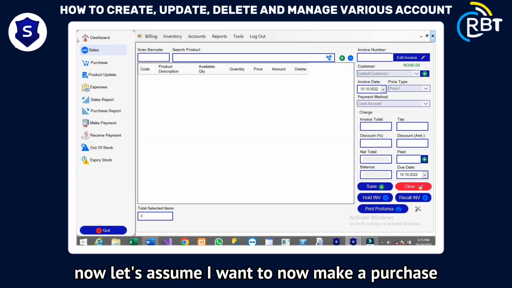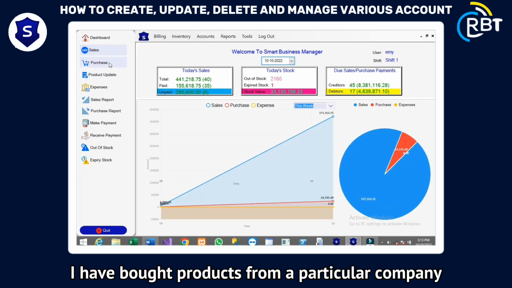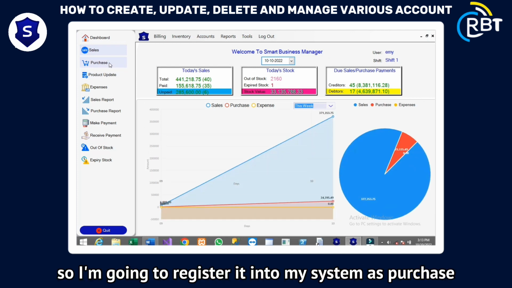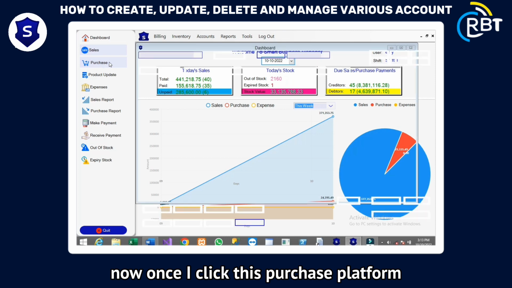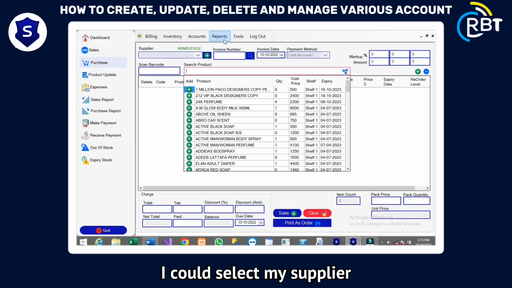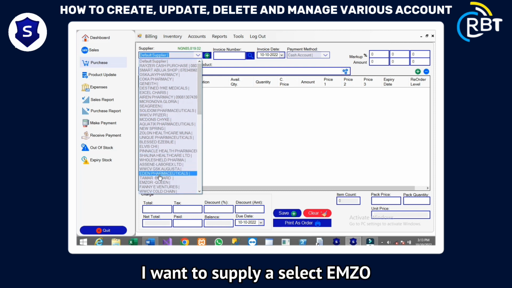Now let's assume I want to make a purchase. What I mean by purchase is that I've bought products from a particular company, but I'm going to register it into my system as a purchase. So I'm going to use the purchase platform. Once I click this purchase platform, what is going to happen? I could select my supplier, and this time around I want to select Emzo.